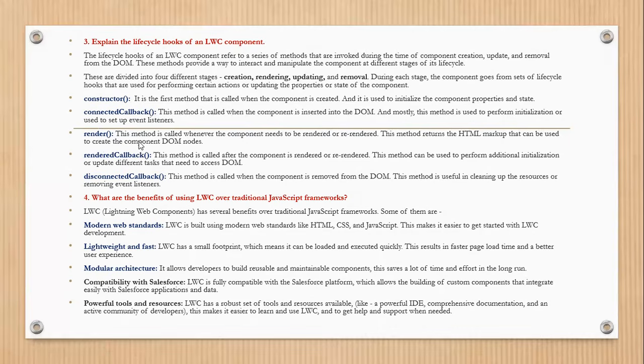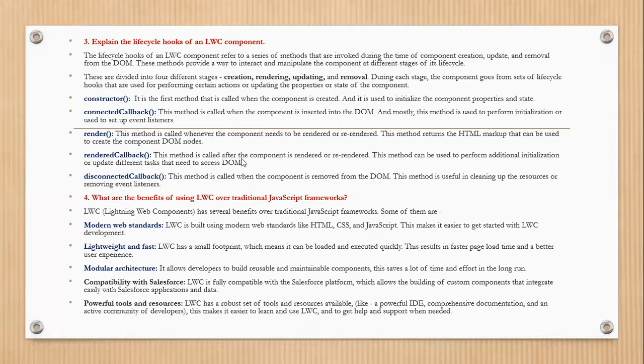Next, render. This method is called whenever the component needs to be rendered or re-rendered. This method returns the HTML markup that can be used to create the component's DOM nodes. Next, rendered callback.